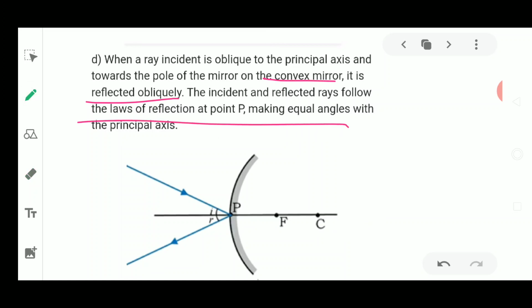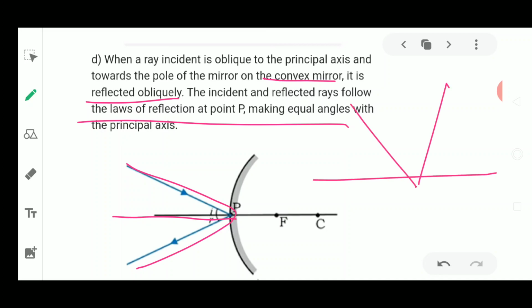Why is this going to follow the laws of reflection? As you can see here, the principal axis is drawn, and the normal is drawn with these two lines. As we have studied in the rules for reflection, where the incident ray is coming, striking and being reflected back, when we were constructing the normal, we constructed it perpendicular to the axis.